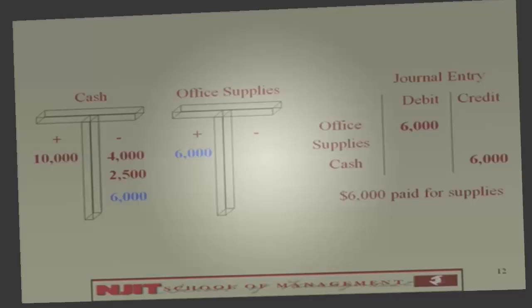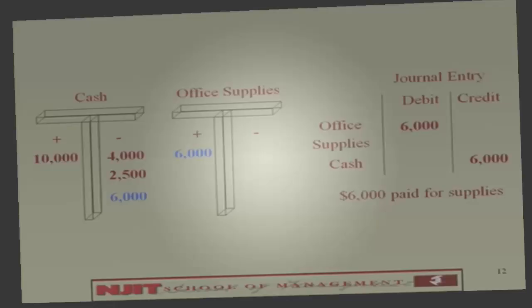The next one is, I think, the most complicated. Let's break it down very slowly. They provided services for $59,500. So they have revenue $59,500. They collected cash $40,000.